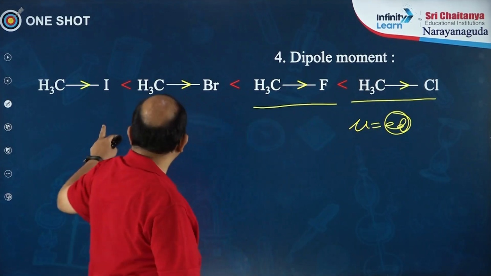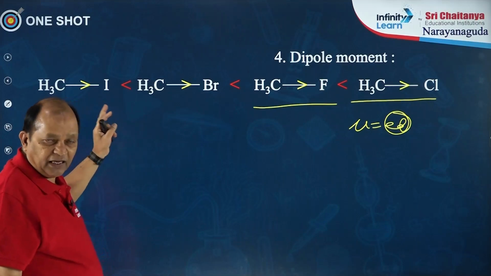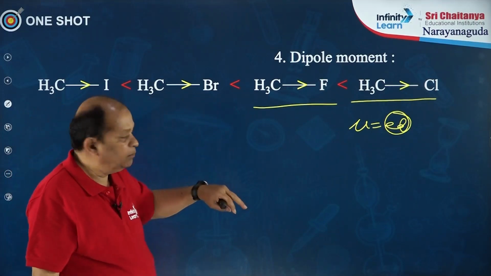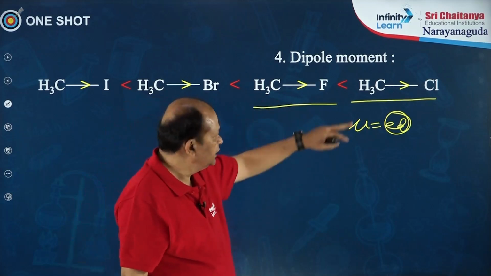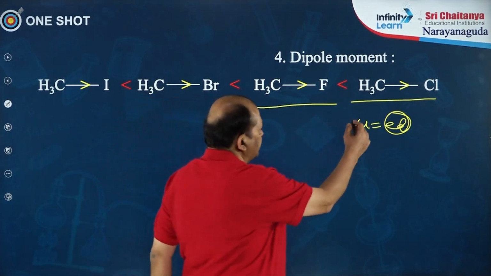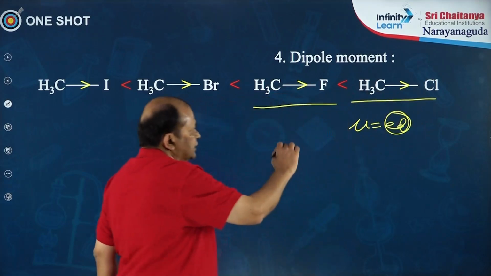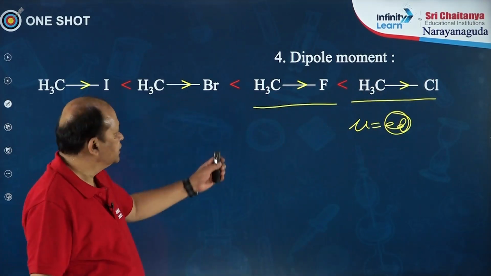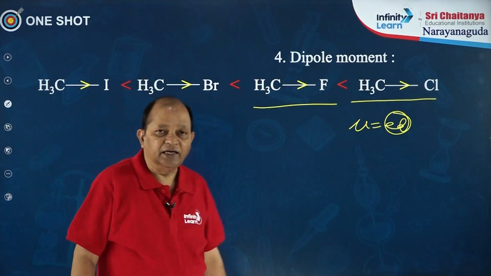So, this is the order. Iodine being very less electronegative gives the least dipole moment, a little higher is methyl bromide, then methyl fluoride, and the highest is methyl chloride. So this is also a reflection of the inductive effect, that is polarization of the CX bond. So these are the different applications of dipole moment.